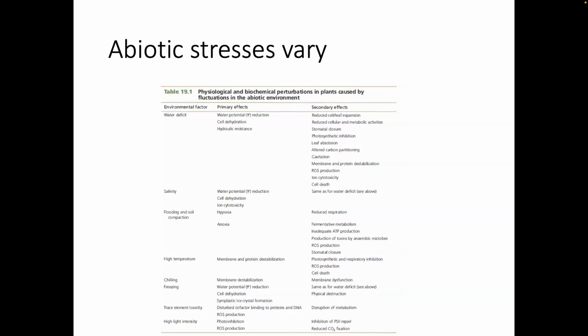Okay, so we came to the effect of high temperature. Next time we will finish all things that cause stress, and then we will tell how plants deal with those. Thank you very much for coming today.